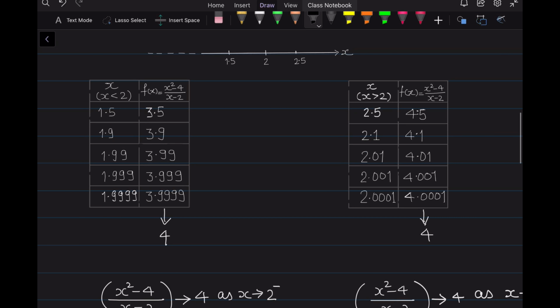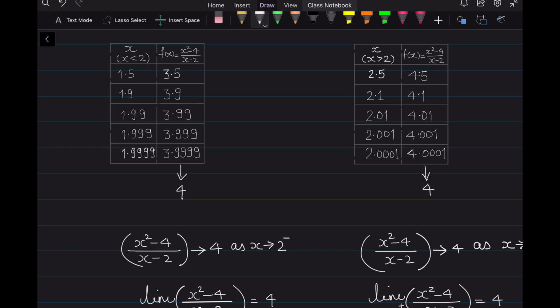Now I want to point out one thing here, and that is in lesson number 2 we had seen that this expression is equal to x plus 2 when x is not equal to 2. When x is not equal to 2, that is when x is either smaller than 2 or larger than 2, in both the cases, these two expressions will give the same result because they are equal when x is not equal to 2.